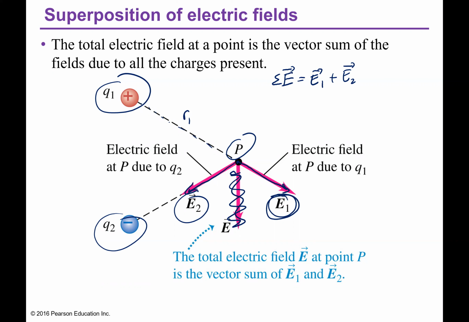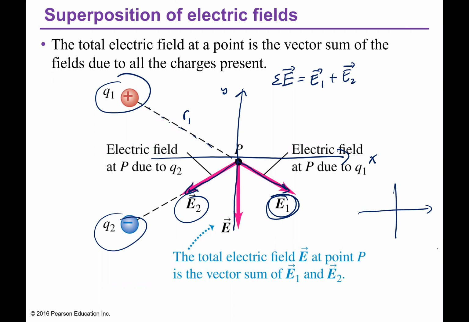Sometimes it's even 2-dimensional. So what I do here is take this point P and put it in a coordinate system. I can say this is X, this is Y. Then, let's say right there, if this is my point of interest, there are 2 electric fields over there. Here's E1 and here's E2.